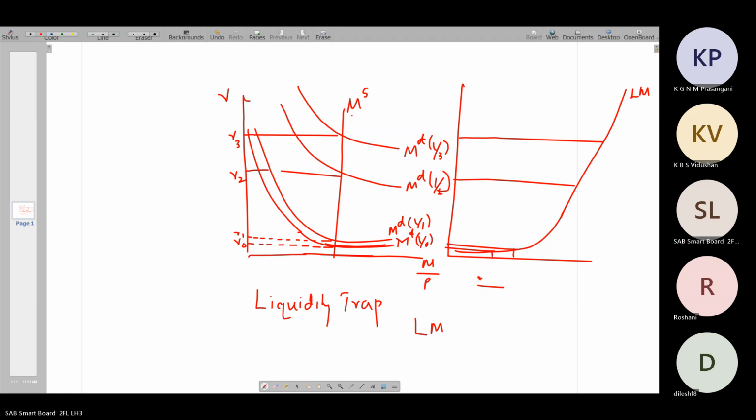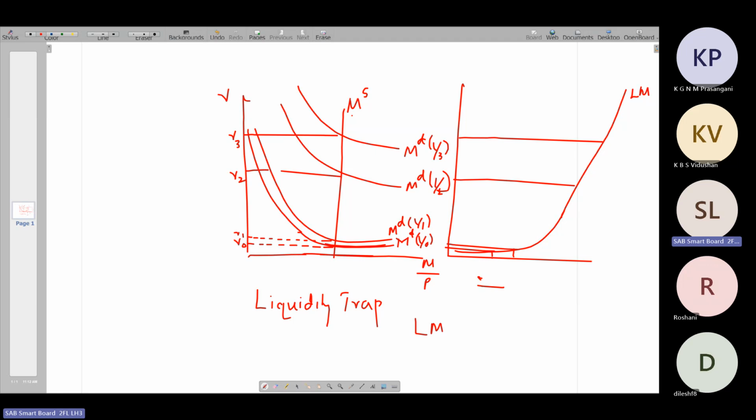So in the liquidity trap situation, money demand is very low, and the money demand curve becomes horizontal. The LM curve also becomes nearly horizontal. It's a very low level interest rate, and people expect there will be a rise in the interest rate in the future, which causes capital losses.